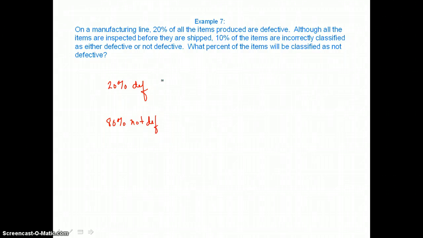Now of those 20%, when they go out, 10% are incorrectly marked or labeled, and 90% are correctly labeled. Okay, same thing with the 80% that are not defective. 10% are incorrectly labeled, and 90% are correctly labeled.